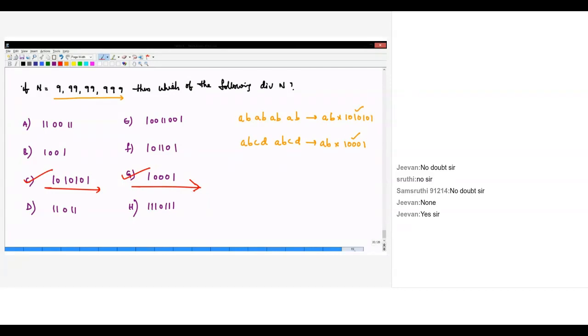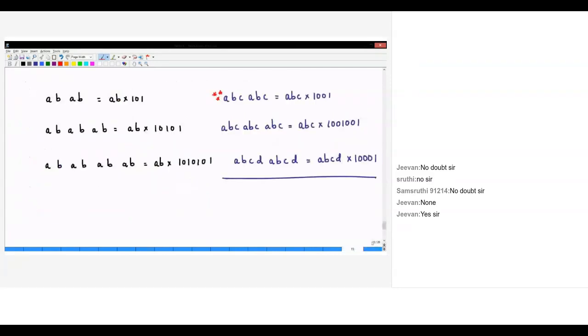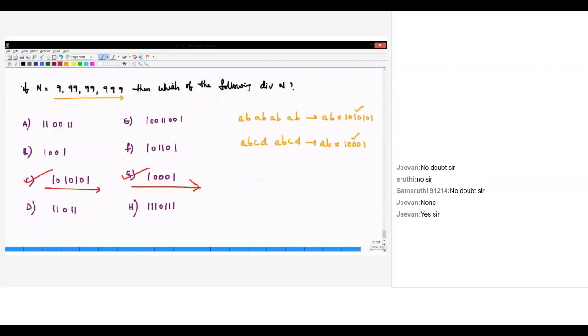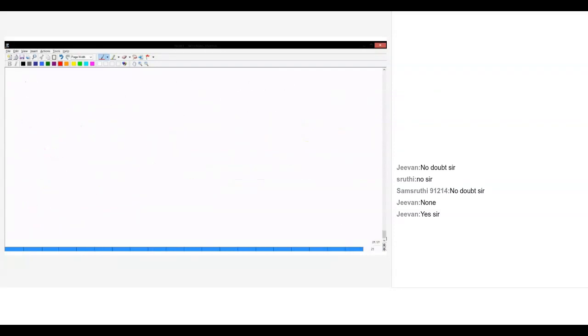Now, why did I say ABC, ABC is equal to ABC into 1001? Because 1001 is the product of 3 consecutive primes, that is 7 into 11 into 13.